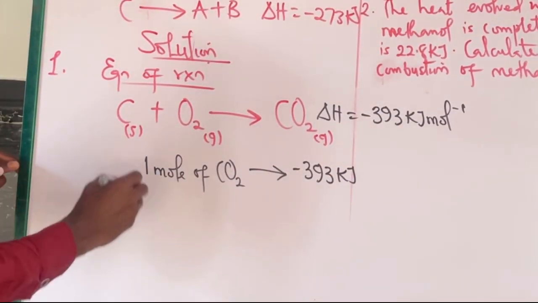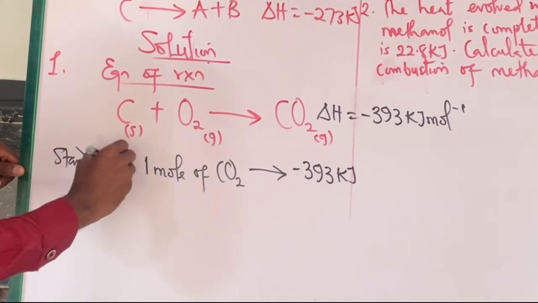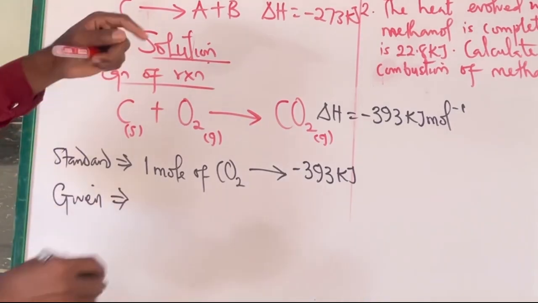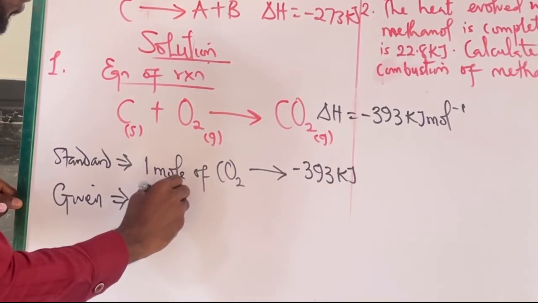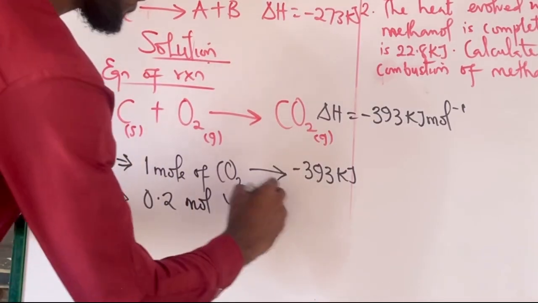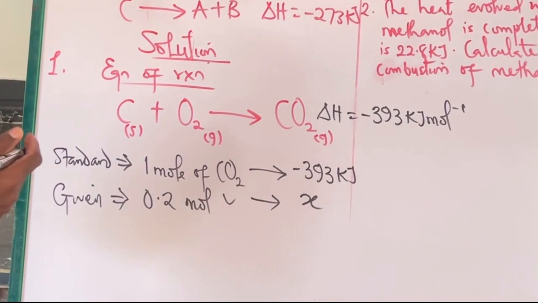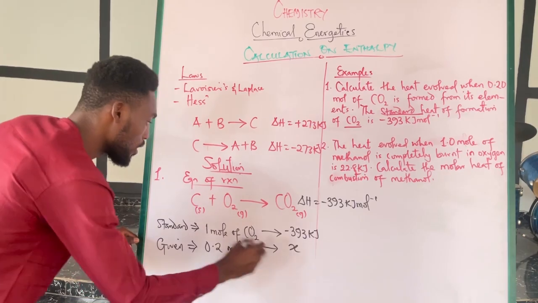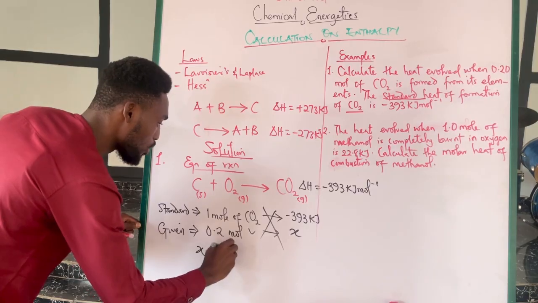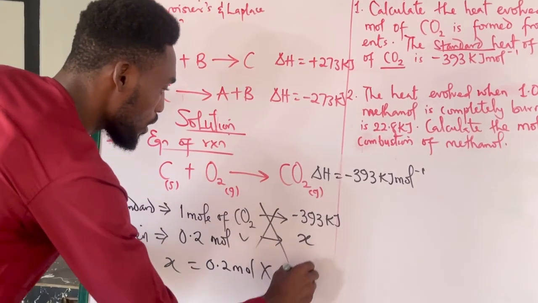So we now have 0.2 mole. This is given from the question. So we have what? 0.2 mole of the same CO2 will give us what? X. Just do your simple cross multiplication and then you're done. So we have 1 times x gives us x, and 0.2 mole times minus 393 kilojoule.